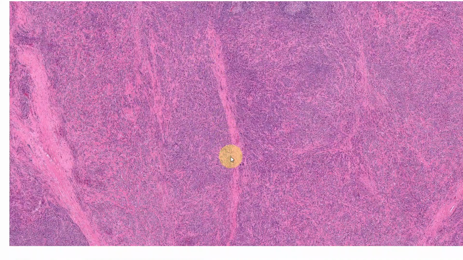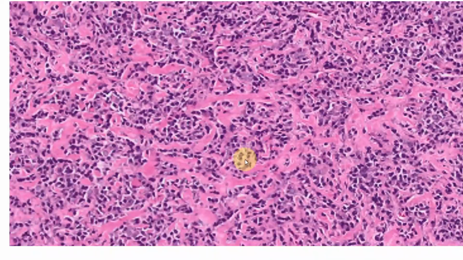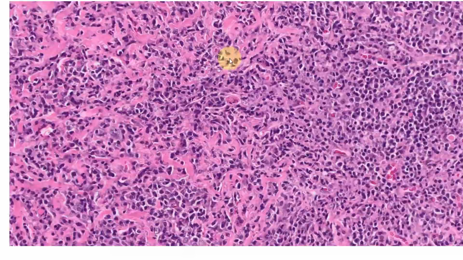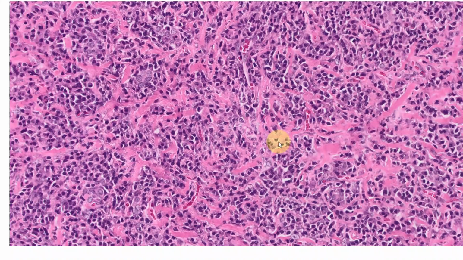Here's another look, again, that very lobulated profile, a few germinal centers, not too many. And this is what you see with classic fibrosing variant of Hashimoto's thyroiditis. At times, it's very hard to even identify the underlying thyroid follicles, because the inflammation just drives everything out.